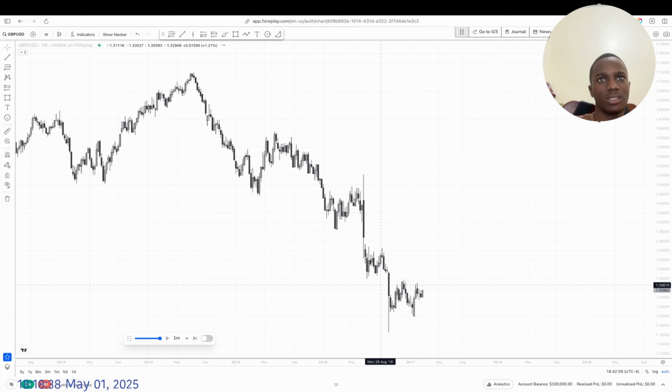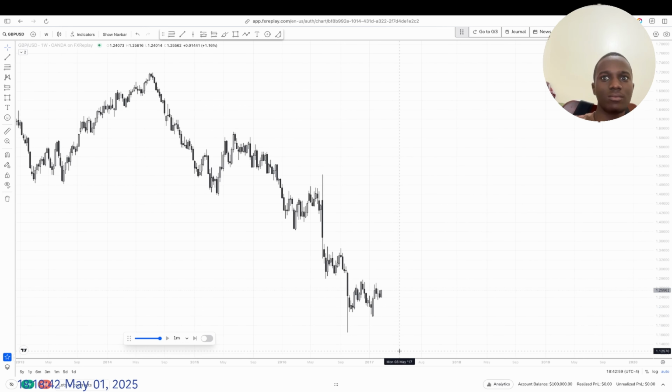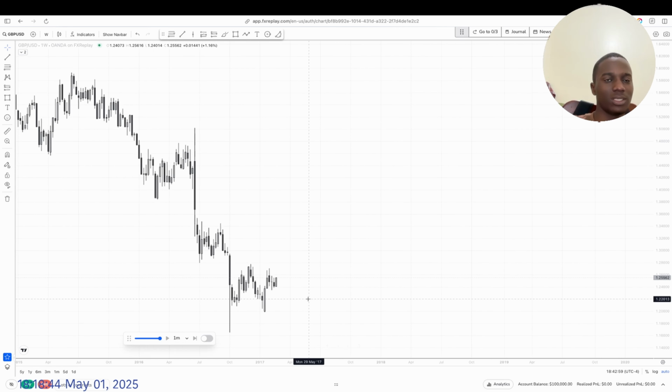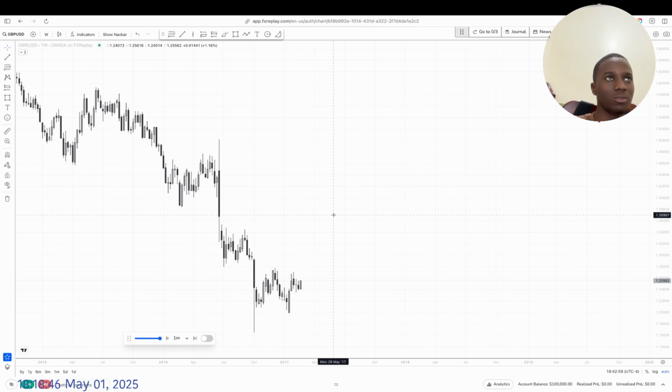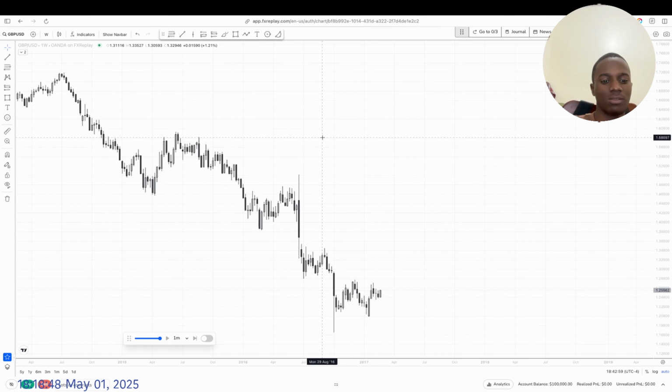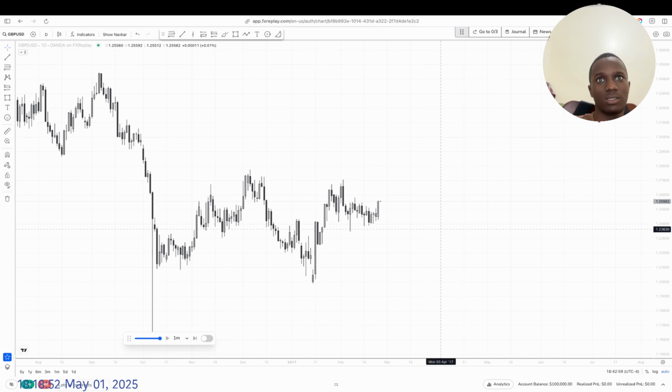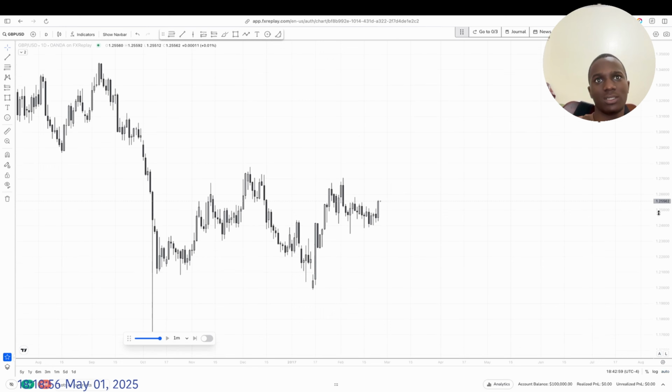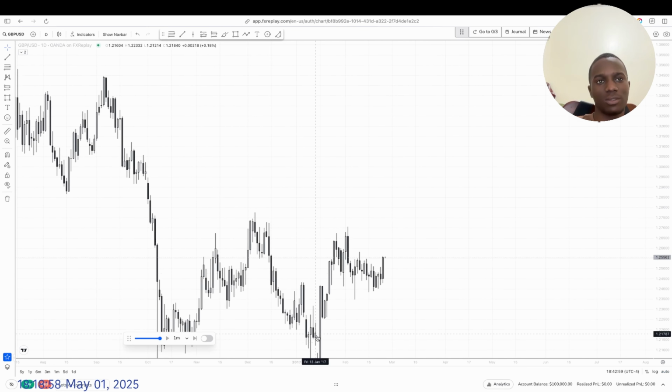When we go to the weekly, sorry, you can see that the market had started to make some small upward moves, and when we go to the daily, you can see that it had started ranging for a bit, but dropped, then ranged again, and started trying to make a move to the upside.